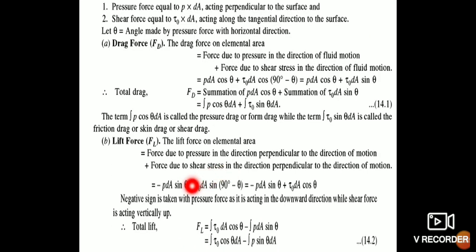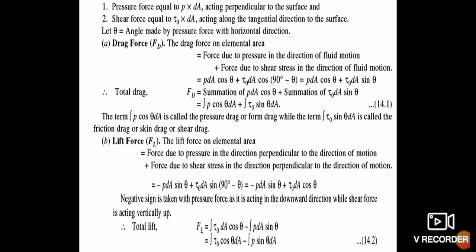So minus PdA sin theta plus tau dA sin(90 minus theta), but sin(90 minus theta) is equal to cos theta. Therefore minus PdA sin theta plus tau dA cos theta represents the lift force acting on the elemental area, and the total lift is the integration of tau dA cos theta minus PdA sin theta, which is nothing but the total lift force acting on that body.